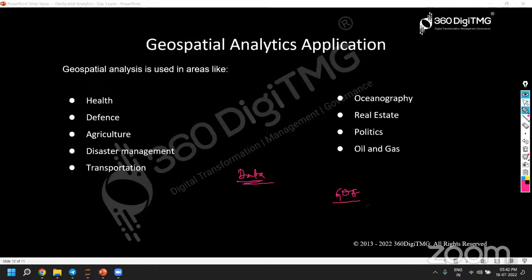The GIS systems require huge storage space, petabytes of data. And if you talk about Google Earth Engine, that's the full form, GEE.